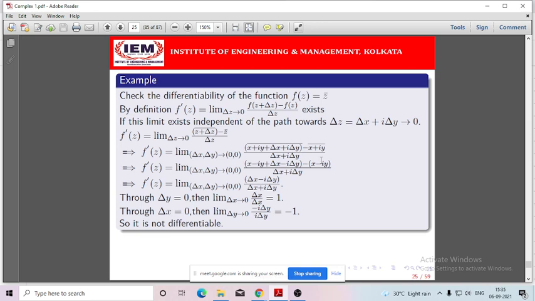Is it clear? Is it clear or not? If you have any doubts, you could ask me. I can repeat this again. Is it clear or not?